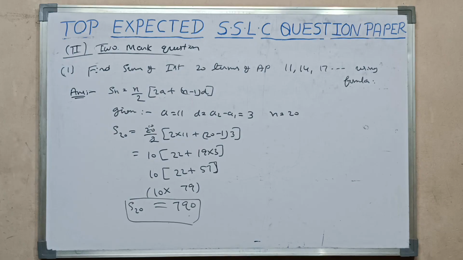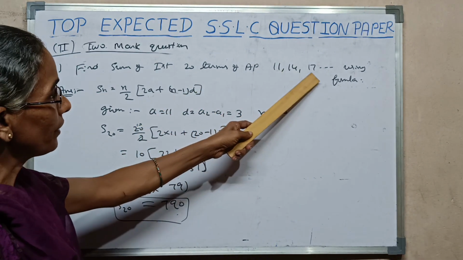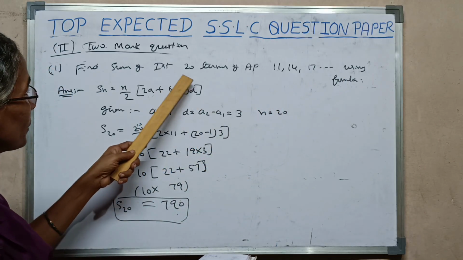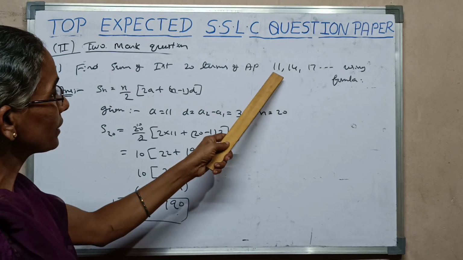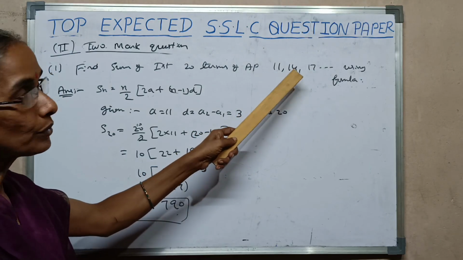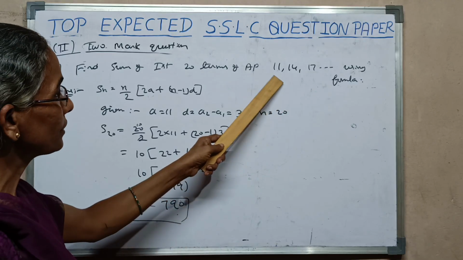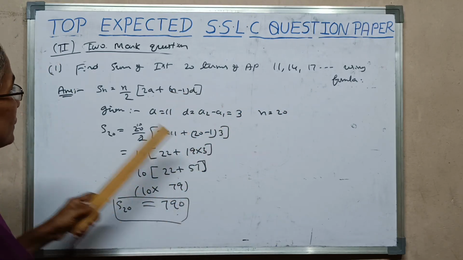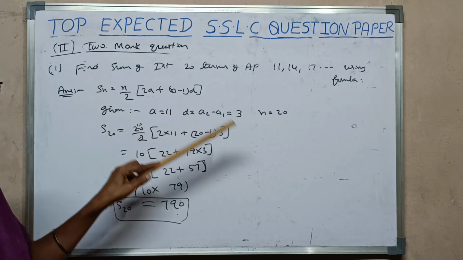Here the question is to find the sum of the first 20 terms of the AP 11, 14, 17 using the formula. First 20 terms means n is 20. In this sequence the first term a is 11 and the difference, a2 minus a1, is 14 minus 11, which is 3. So the formula is Sn equal to n by 2 into 2a plus n minus 1 into d.